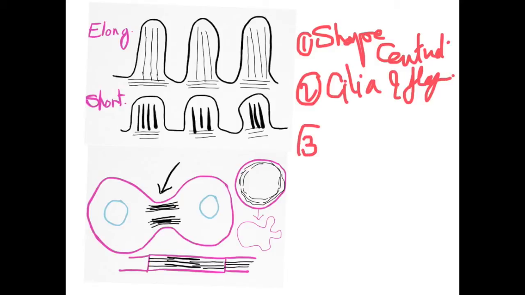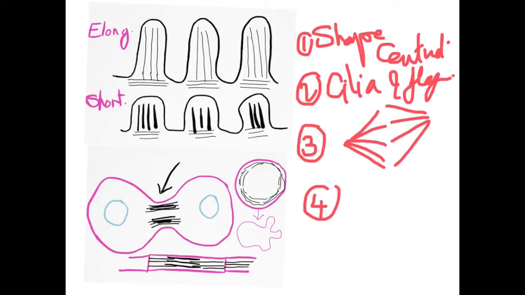Number 3, it is important for the formation of the mitotic spindle during the cell division. Also, number 4, it helps in the transport of particles from one side to another inside the cytoplasm of the cell.